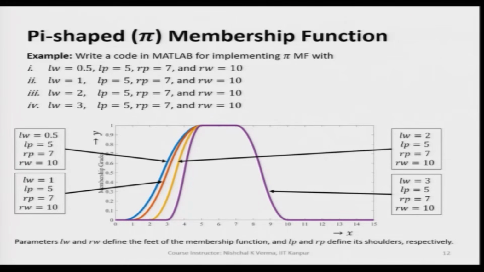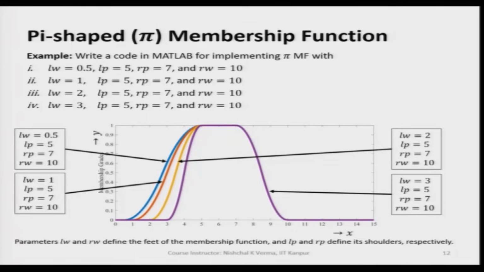As I already mentioned, Lw is controlling the left foot, Lp is controlling the left shoulder, Rp is controlling the right shoulder, Rw is controlling the right foot. In the first, second, third, fourth cases, only Lw is varying.